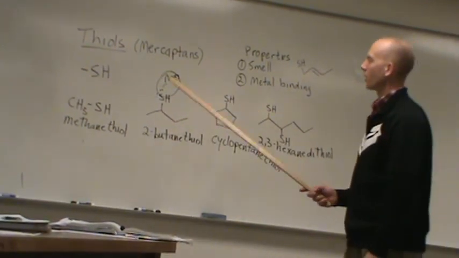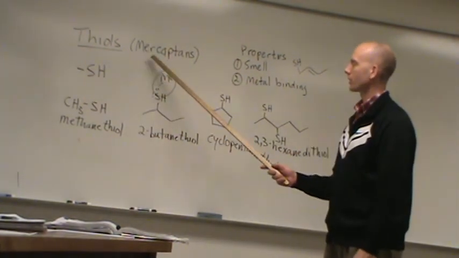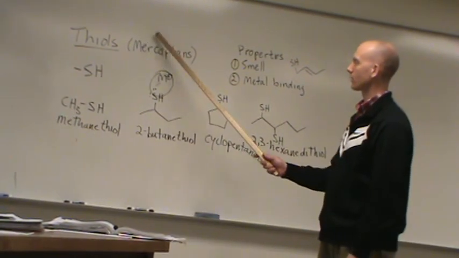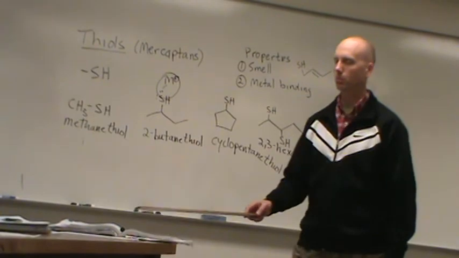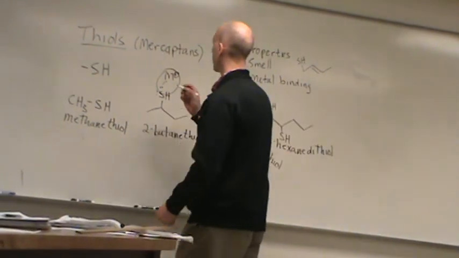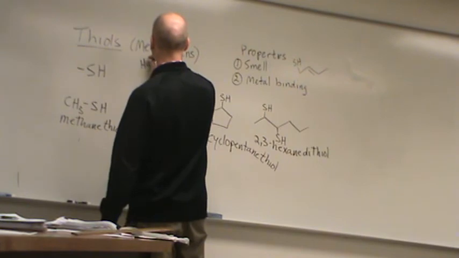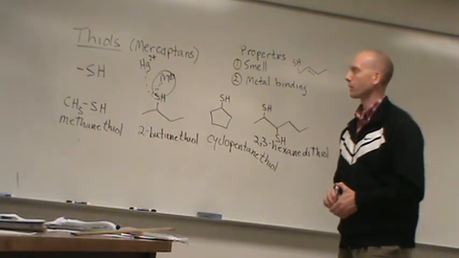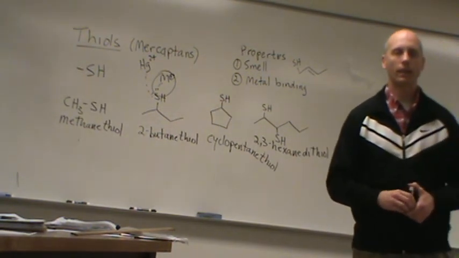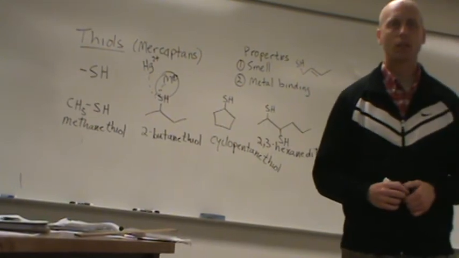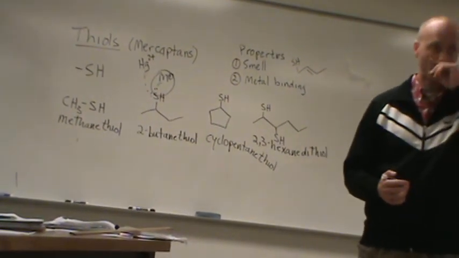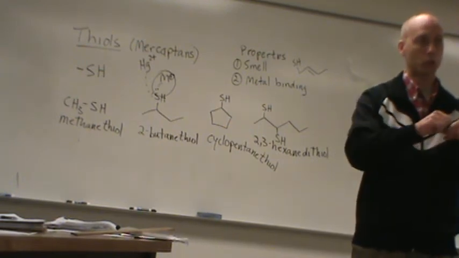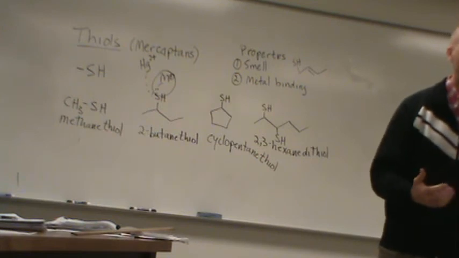Well, this is the main reason why thiols are called mercaptans. Do you see a metal in there? Mercury. Okay. So thiols can bind very well to mercury and help take away the mercury. This is one of the first things to do if you ever have a mercury spill in the lab, such as breaking a thermometer.